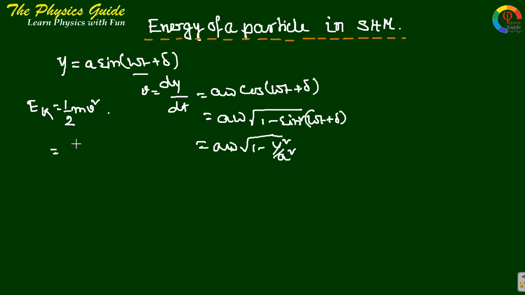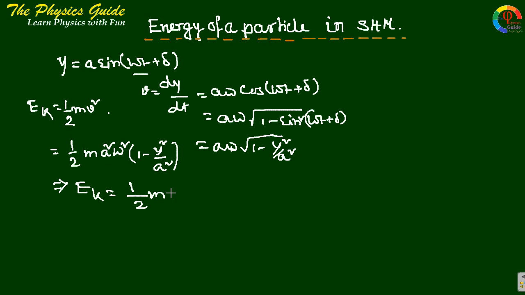Ek equals half m v squared, that is half m a squared omega squared times 1 minus y squared by a squared, or finally Ek equals half m omega squared (a squared minus y squared).